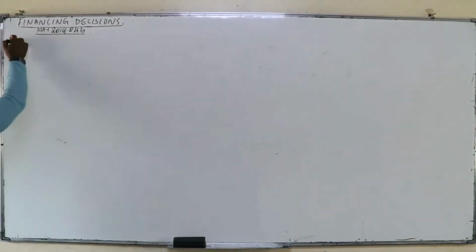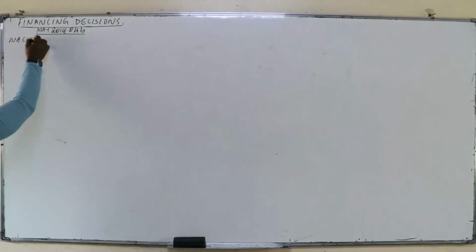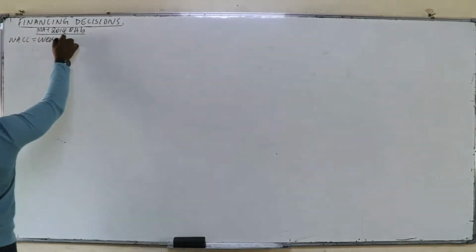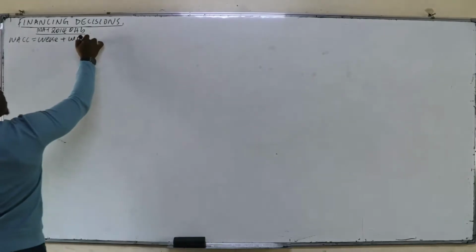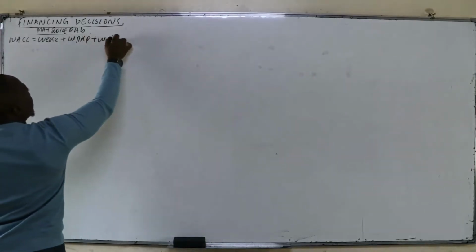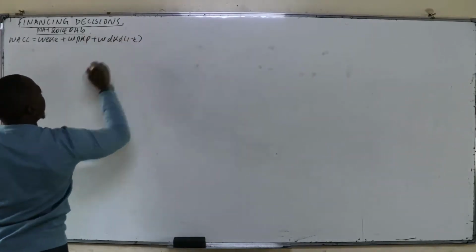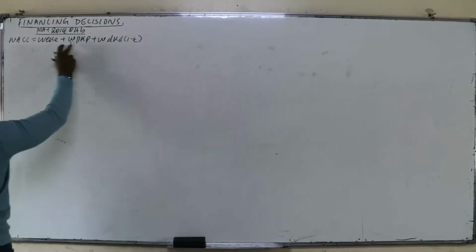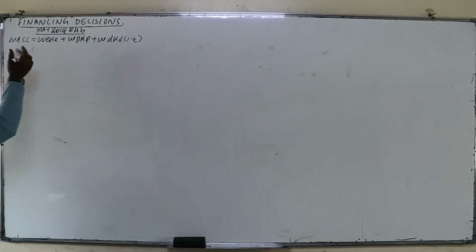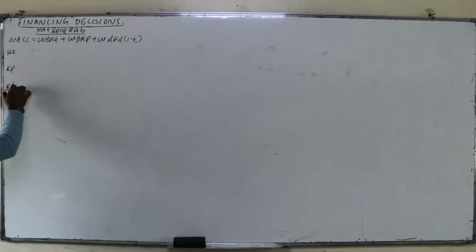Compute WACC. How do you get the WACC? The weight of equity times cost of equity, plus weight of preference times cost of preference, plus weight of the debt times cost of the debt, times 1 minus T. So first of all, determine the weights or costs. First, get the cost of equity, the cost of preference, and the cost of the debt.